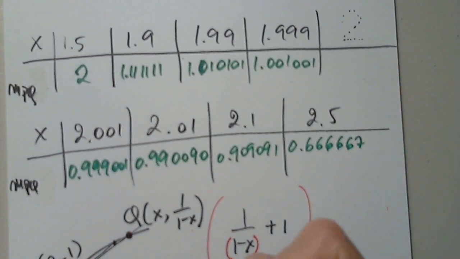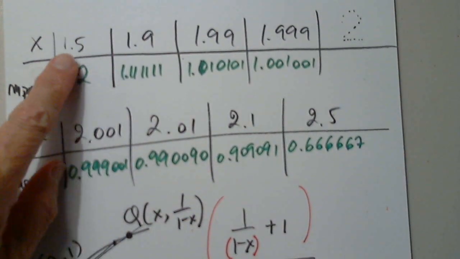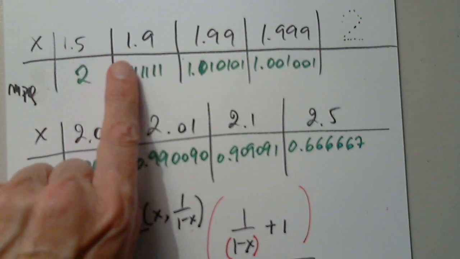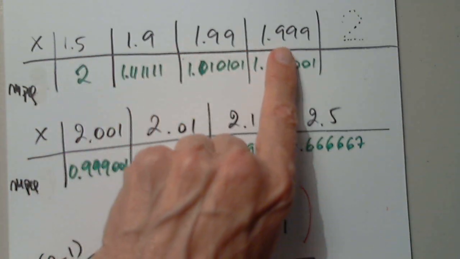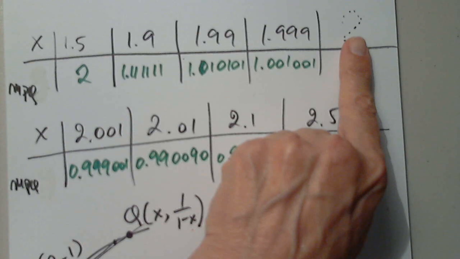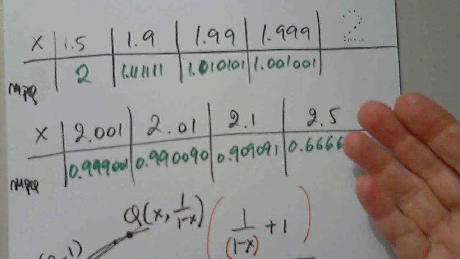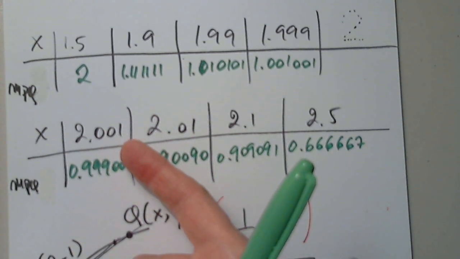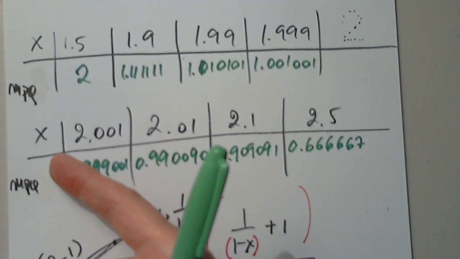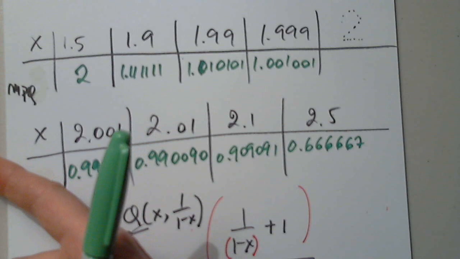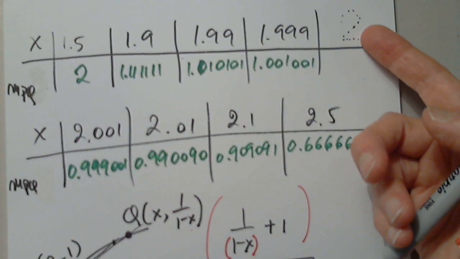Okay, so now notice that from 1.5, 1.9, 1.99, 1.999, I'm getting very close to 2. 1.999999992. On this side, 2.001. The next one will be 2.00001, and I'm getting closer and closer to 2.